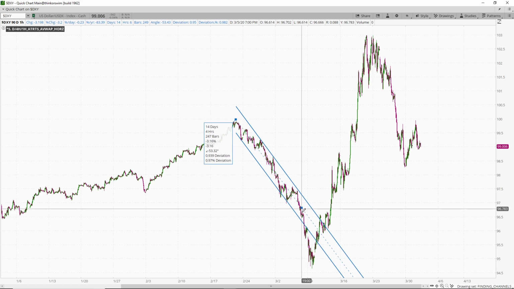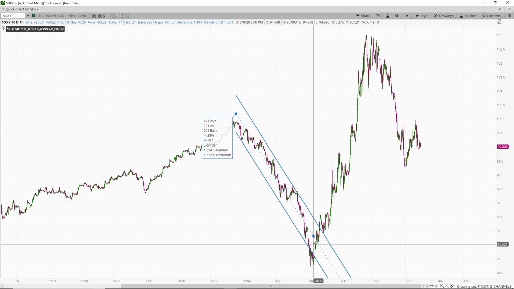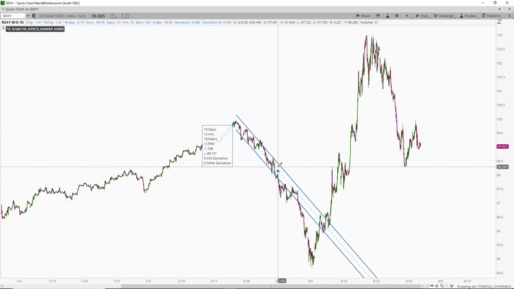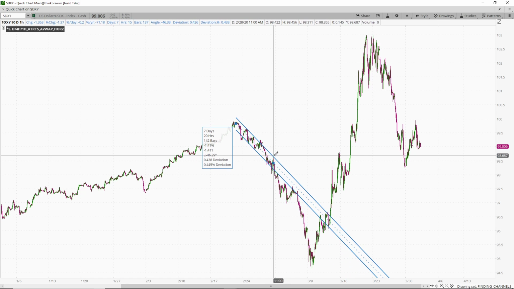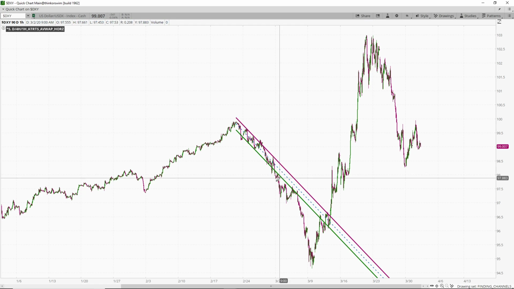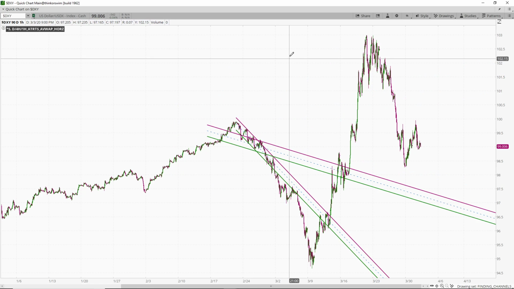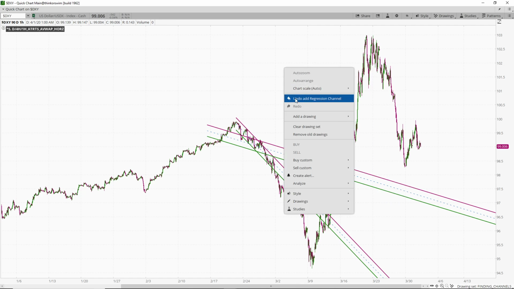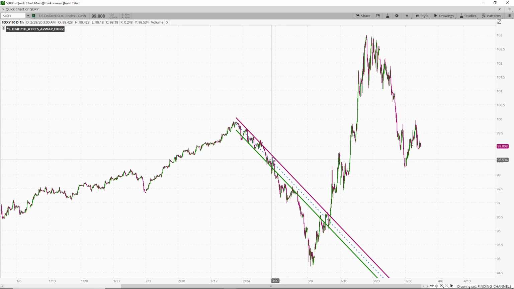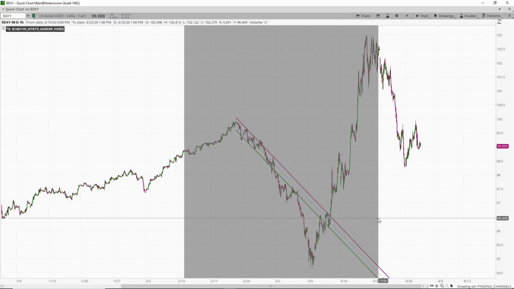So this channel kind of helps if you've already got the endpoint, but if I've only got a quarter of this data, it doesn't. So this is why I don't use regression channels that often, but you can use them.